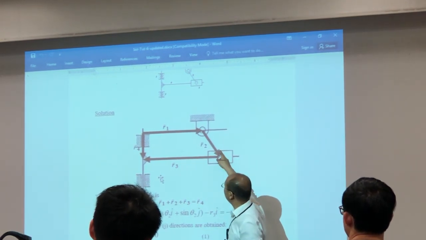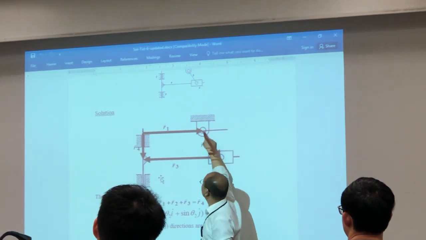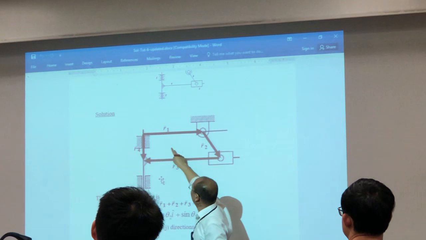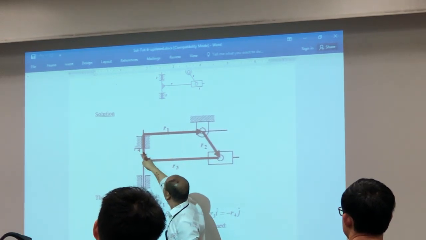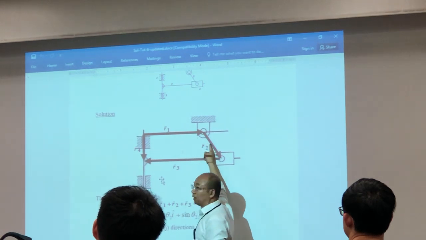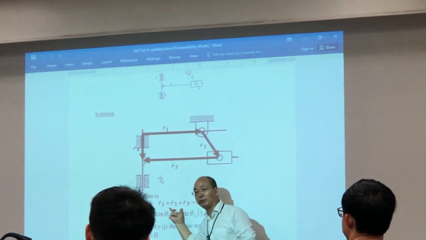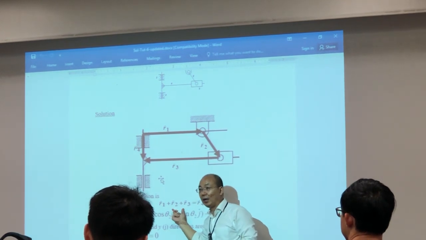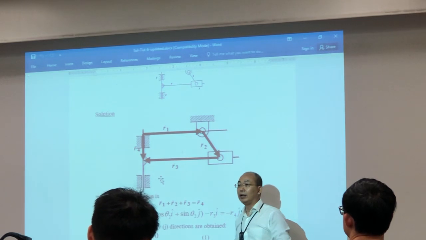But when you write the equation, if this one goes up, then you have R3 minus R4 plus R1 minus R2 equal to 0. So your equation will be different from the other one. Then when you resolve into x, y components, it will also be different.